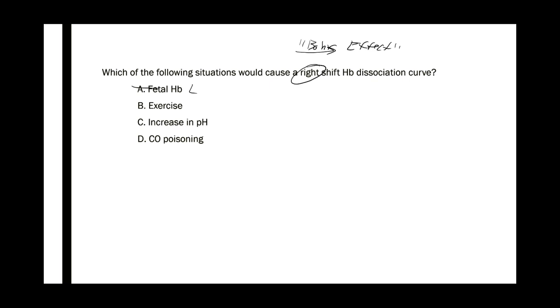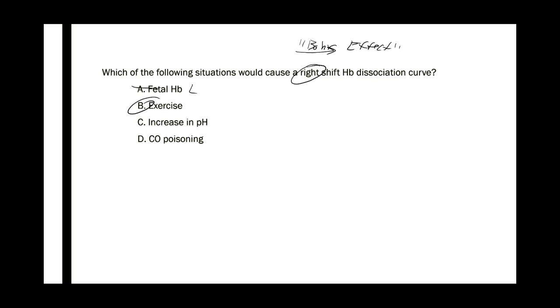Because if a woman's pregnant, you want the hemoglobin that's delivering oxygen to the fetus to hold onto the oxygen more tightly than the hemoglobin in the adult. Does that make sense? Because you want to prioritize the fetus in a way.